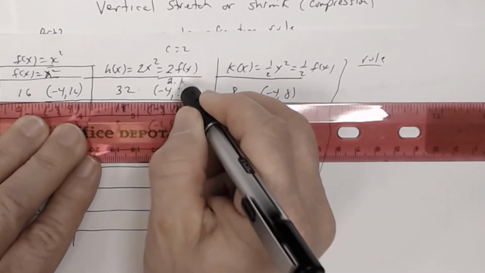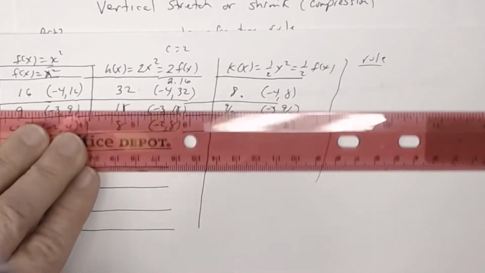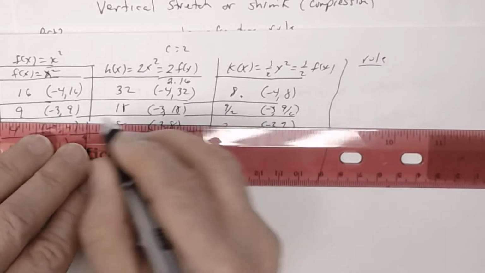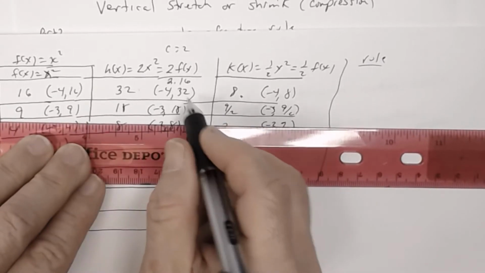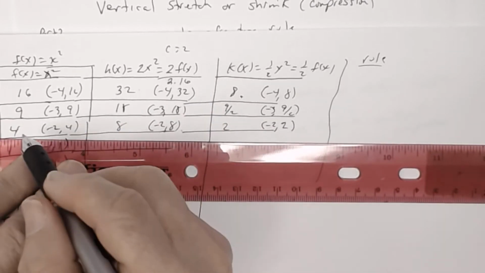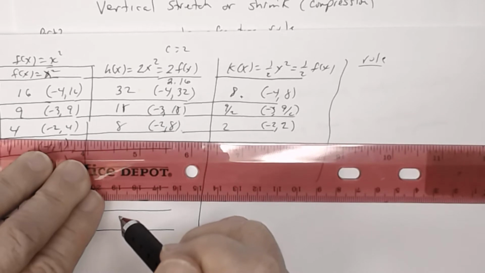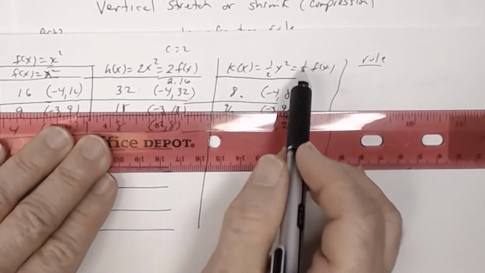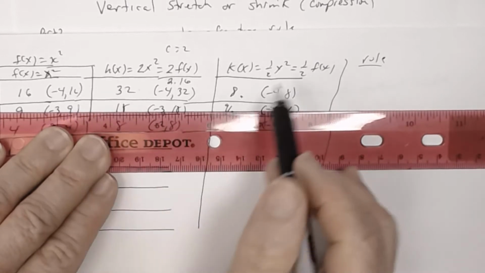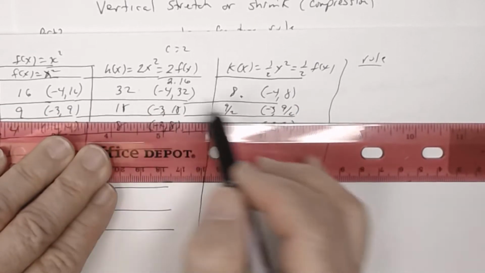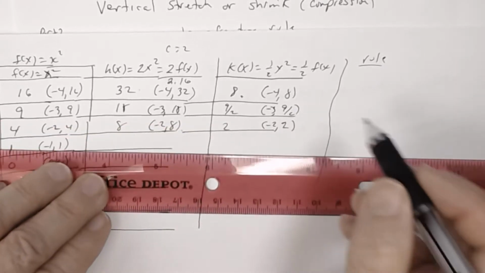So 2 times 16 gave me 32, correct? Over here, to get 18, I had to say 2 times 9. To get 8, I had to say 2 times 4. Same thing here. To get 8 here, I had to say 1/2 times 16. To get 9/2, I had to say 9 times 1/2.